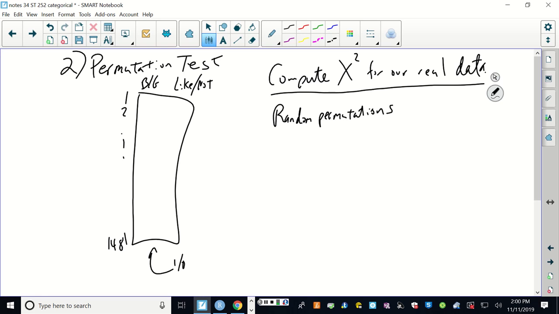A way to do that is we're just going to leave the boy and girl column alone. And then we're going to choose a random reordering of like and not like.